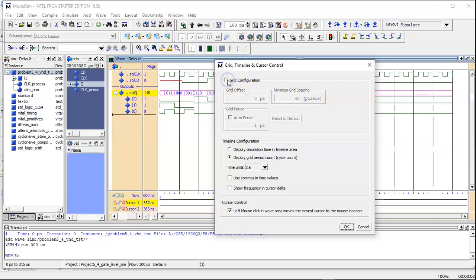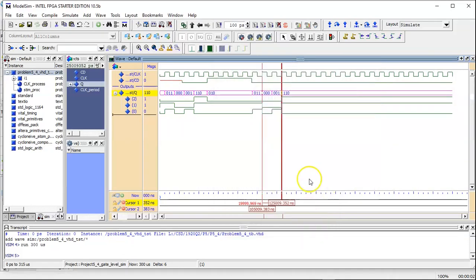Yeah, get the grid out of here, right? Now it is better. You have a cursor in this rising edge of the clock, and another one here, for example. Two cursors in this transition, and here you have 001 and then 110.